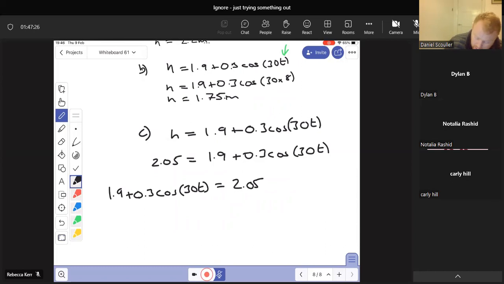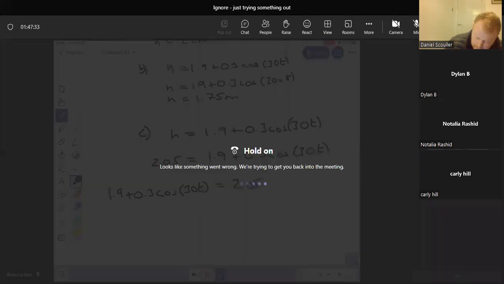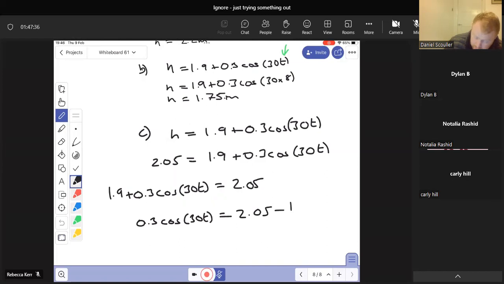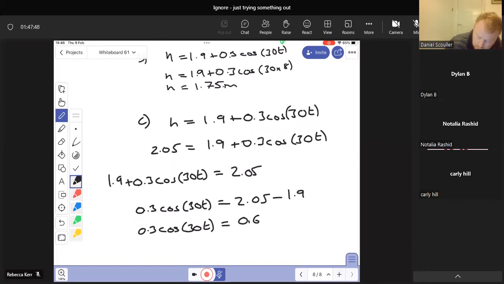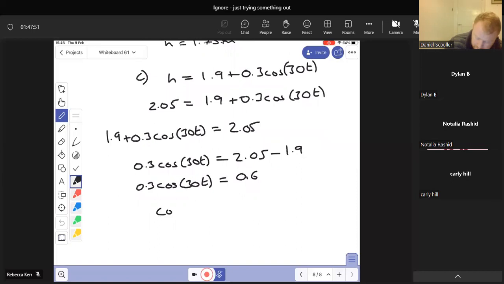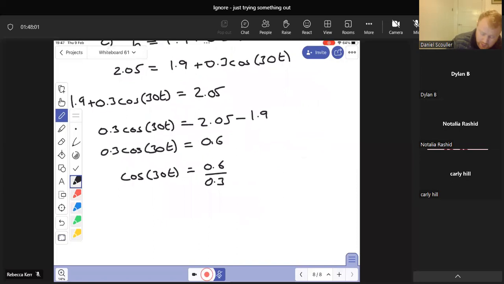Then I'm tidying that up. 0.6. Now we've got a positive at this point.